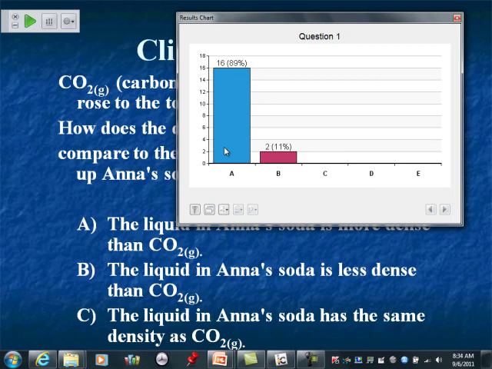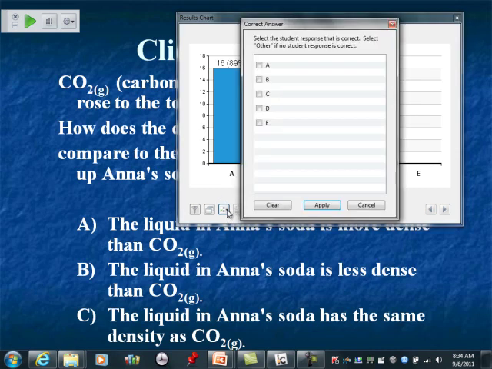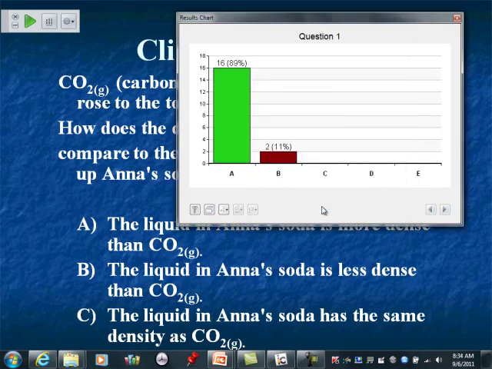Now how do I make it the correct answer? Yes, that is how you do it in the new one. Good. This is a new version of the clicker, guys. The other one, when I moved it around, I got the option and just clicked, and that used to get green.